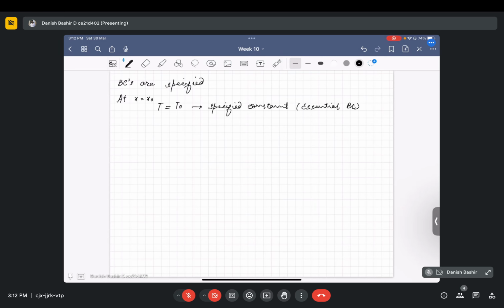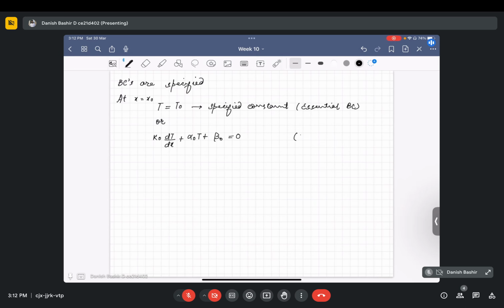Or we can have at x equal to x naught another value specified. We can have this whole value specified as k naught dT by dx plus alpha naught T plus beta naught, and that will be equal to 0.